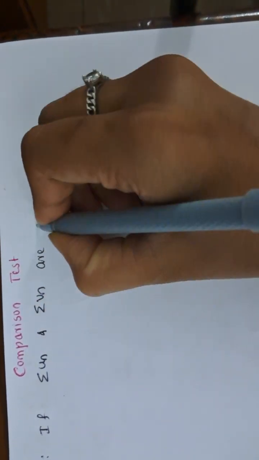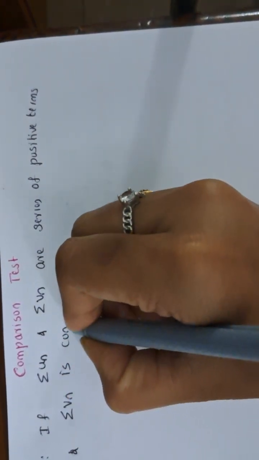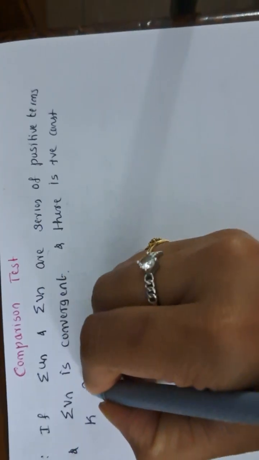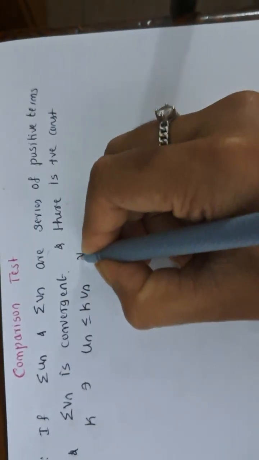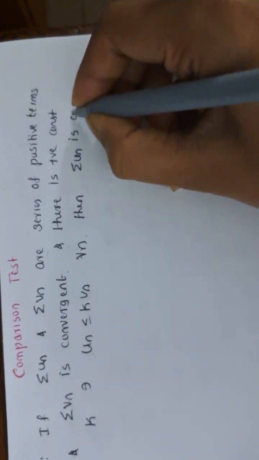The comparison test says that if summation un and summation vn are series of positive terms, and summation vn is convergent, and there is a positive constant k such that un is less than or equal to k times vn for every n, then summation un is convergent.